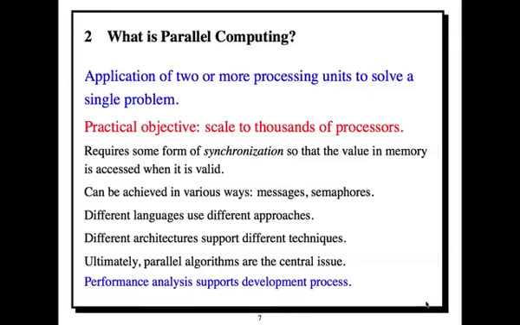And different architectures support different language systems. And finally, you got to parallelize the algorithm. In some cases, it's not obvious how to parallelize algorithms. And I want to talk at the end about an algorithm which really seems essentially sequential when you look at it. And we'll see that, well, maybe there's a way around that.